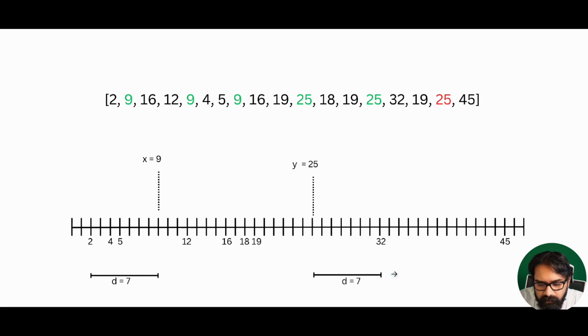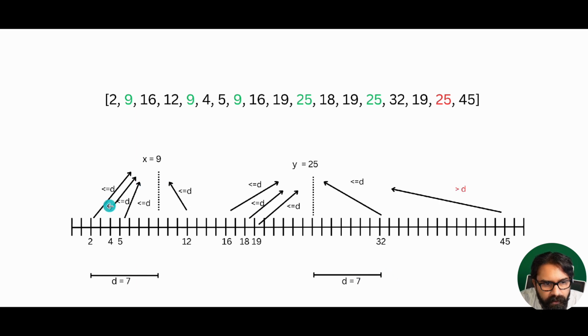But what happens to 45? We can quickly see that it is actually not satisfying less than or equal to d, where d is equal to 7. All these numbers are closer to y, and all this set of numbers are closer to x. 45 in this case is actually quite far away. It exceeds d. We saw in the previous step it's actually 20.